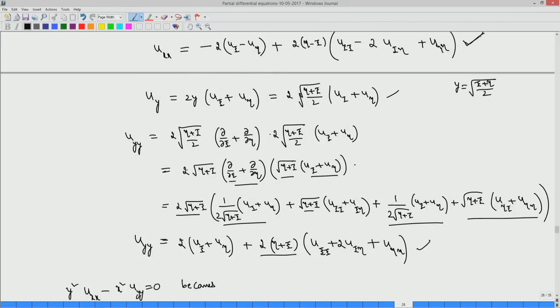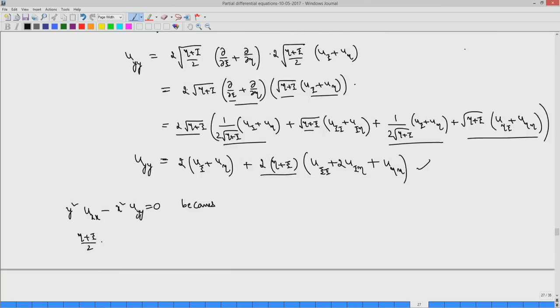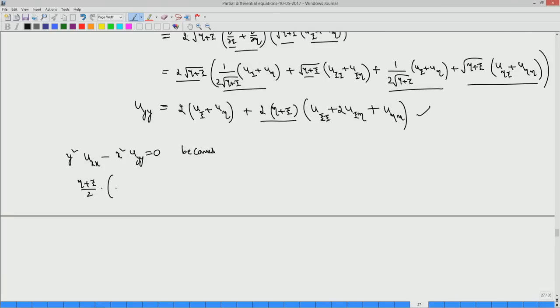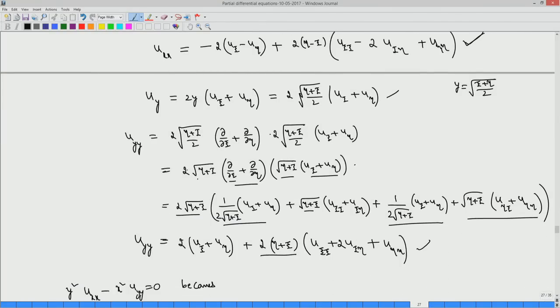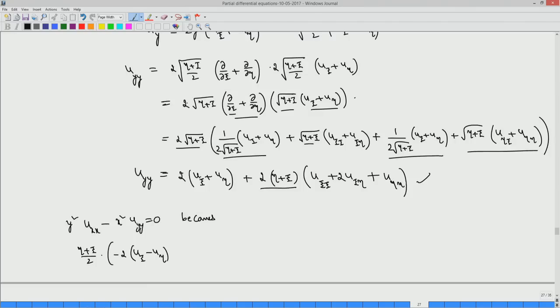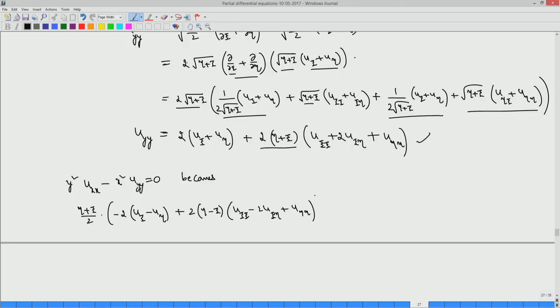So, use this u x x: minus 2 u xi minus u eta plus 2 times eta minus xi into u xi xi minus 2 xi eta plus u eta eta. Okay. So, this into this one.